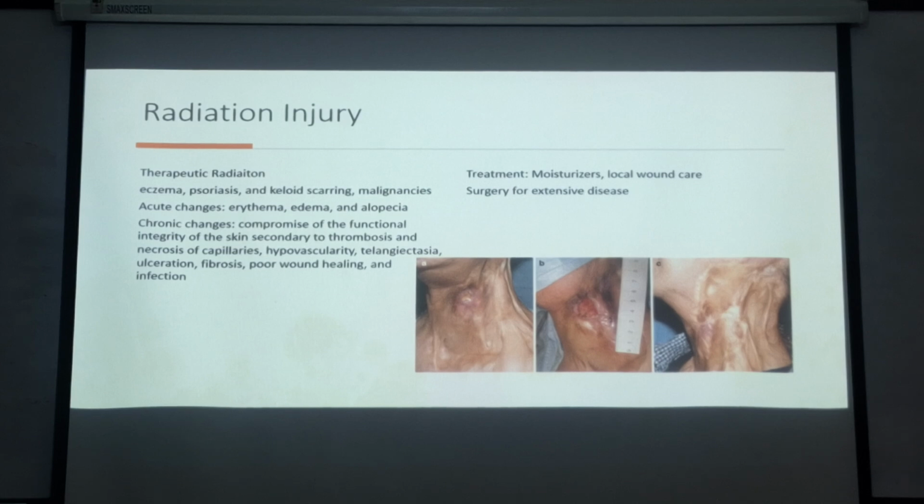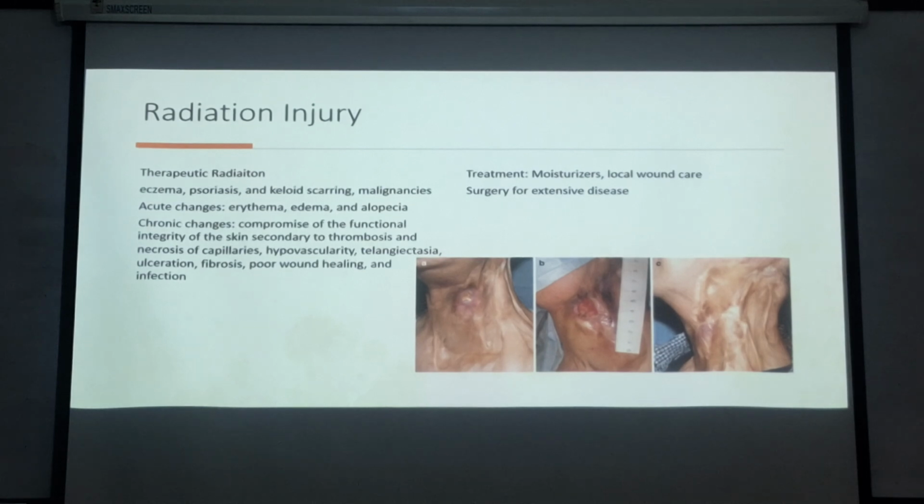Because in radiation, you subject the patient to a linear accelerator which fires a certain centigrades of radiation to the patient, causing a form of radiation burn.